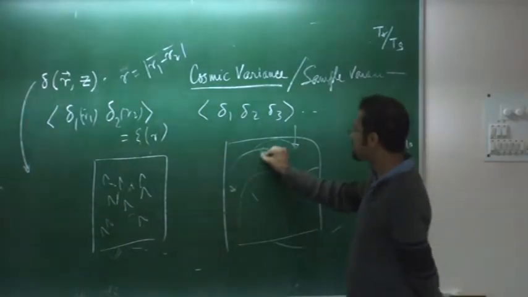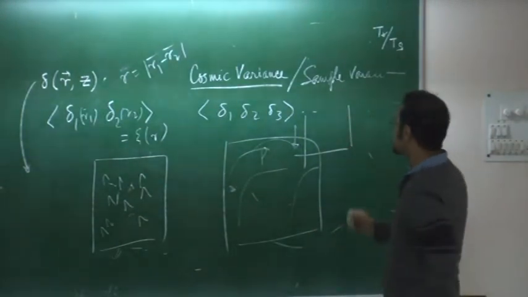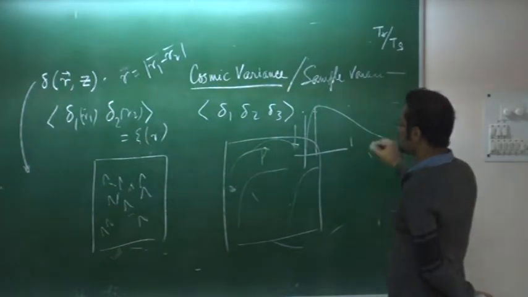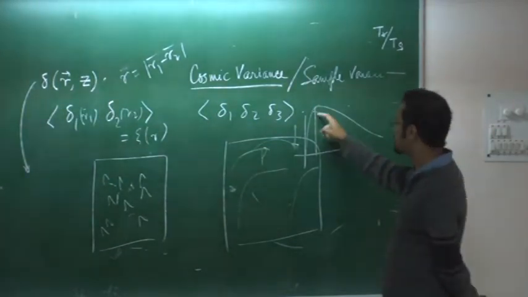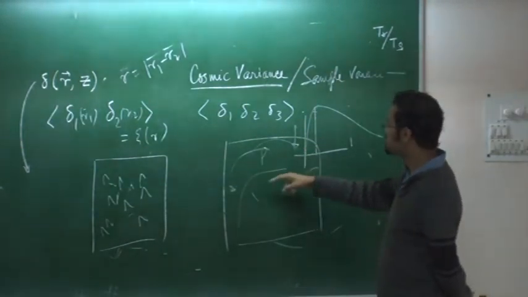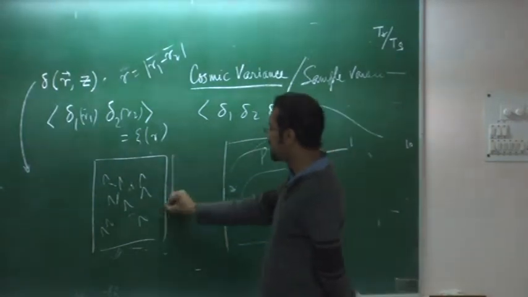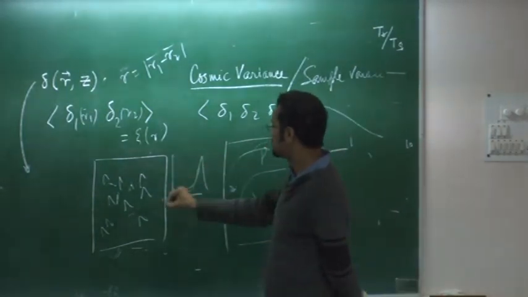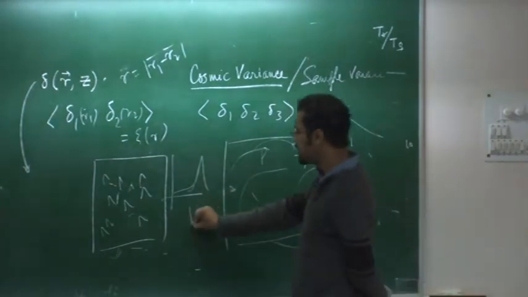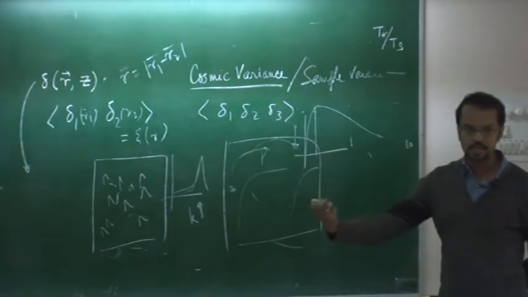So the power spectrum here would have a peak at a small k value, because small k corresponds to large scales. So this is picking up more power at the larger scales, and the other will have a peak at large k, or small scale. So increasing k basically says the scale we are probing is small.